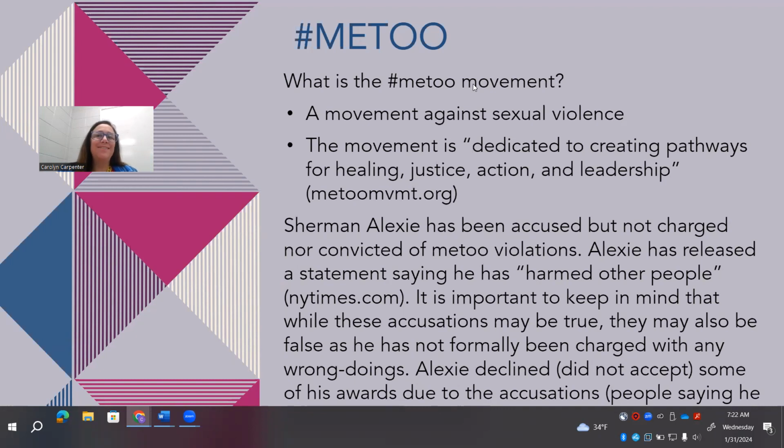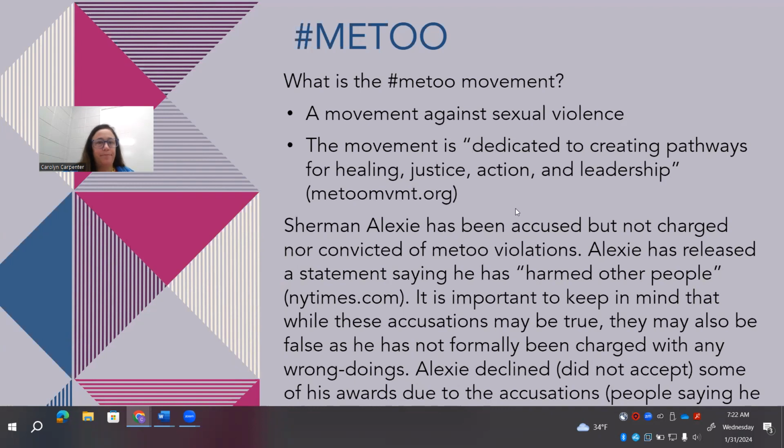It's a movement against sexual violence. In other words, it is a group of people that have said, hey, sexual violence is not a good thing, and we need to bring it to everyone's attention and start doing something about it. This movement is dedicated to creating pathways for healing, justice, action, and leadership. That's directly from the Me Too movement page.